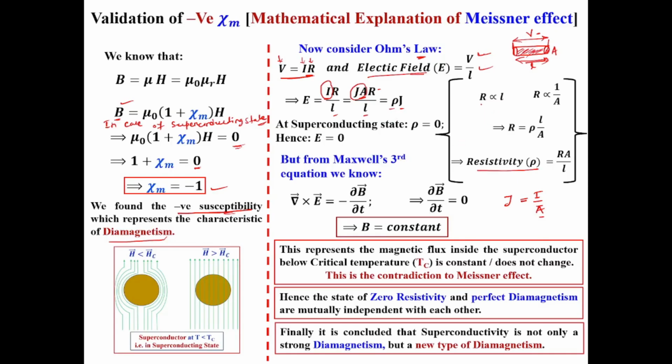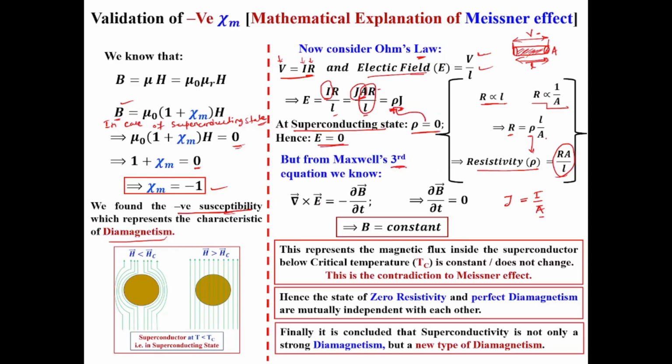We know that resistance is proportional to the length and inversely proportional to the area, or resistance is resistivity, a constant, into L by A. That implies resistivity equals RA by L. So instead of RA by L, we can write resistivity into J. In the superconducting state, the resistivity is 0. So if we substitute this value 0, then E equals 0.